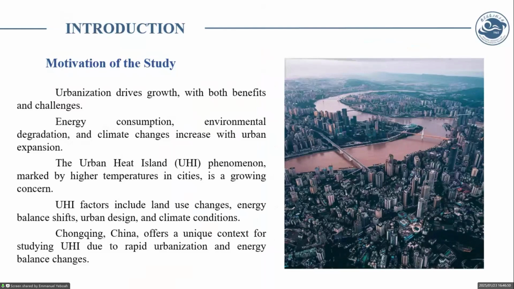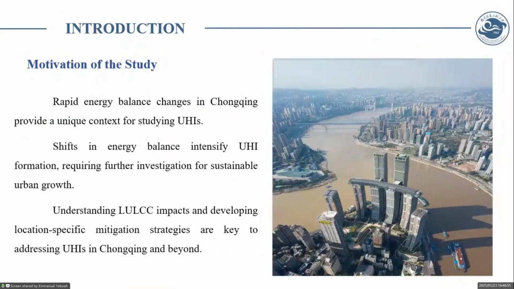Looking at Chongqing in particular, Chongqing is a mountainous area. As those in the meteorological field, we know that if you're in an elevated area, you are expected to have a cooler temperature, if my memory serves me right. The higher you go, the cooler it becomes. Most researchers have come out with that theory, that if you are at a higher position, you are supposed to experience moderating temperatures.